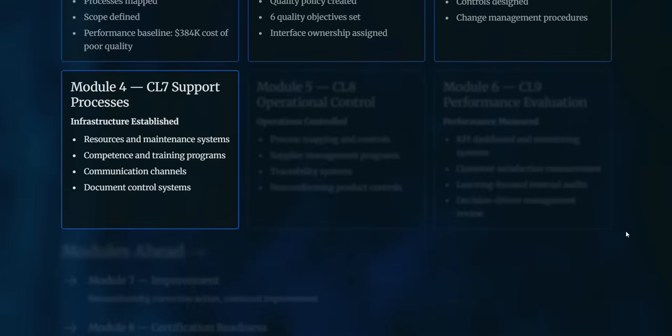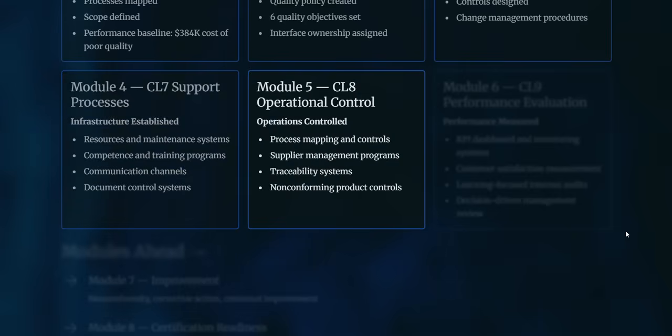Then in Module 4, which is Clause 7, support processes, we have established the infrastructure there, and we have covered resources and maintenance system, competence and training program, communication channels, and document control system. Then in Module 5, which is Clause 8, operational control, we have established operational control there, and we have covered process mapping and controls, supplier management program, traceability system, and nonconformity control.